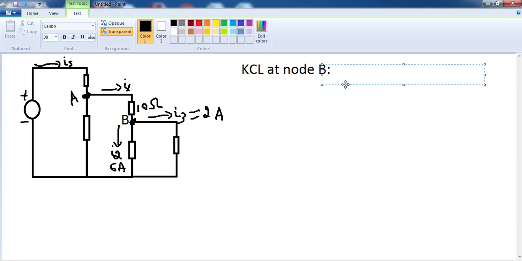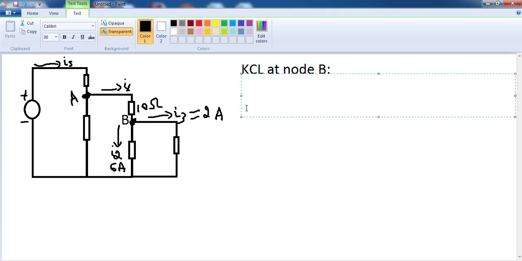So first we have to write down the formula. What is the current coming into B?